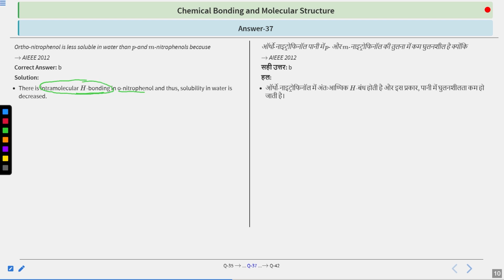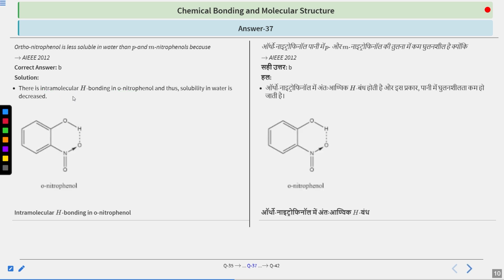If the hydrogen bonding is within the molecule, between atoms of the same molecule, the oxygen binding with the hydrogen in the same molecule, then we call it intramolecular. In orthonitrophenol, the nitro group has oxygen at the ortho position, so that oxygen does the hydrogen bonding with the H of the phenolic group, right? You can see the diagram drawn here. There is a hydrogen bond here, which is intramolecular.